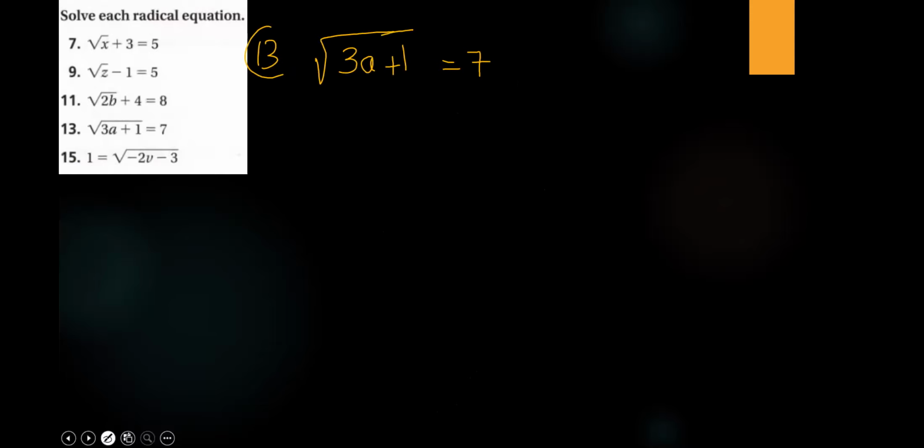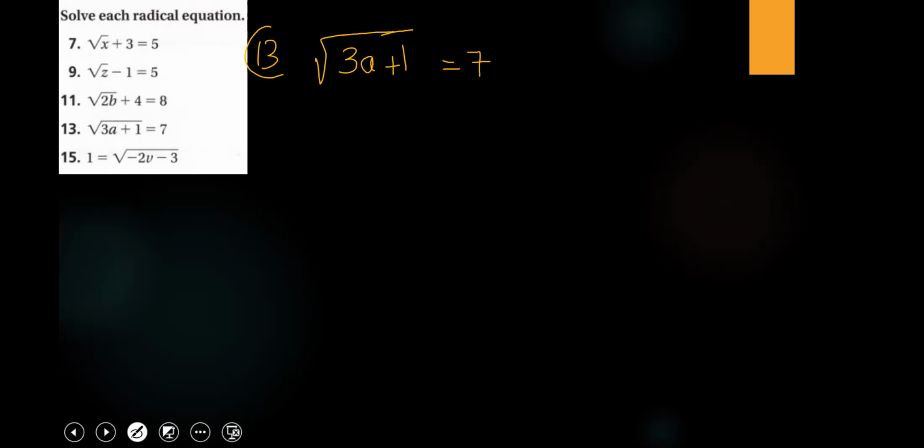Now in number 13, we have the square root of 3a plus 1 equals 7. Now look here. As you see, the radical variable is on one side, and the number is on the other side.